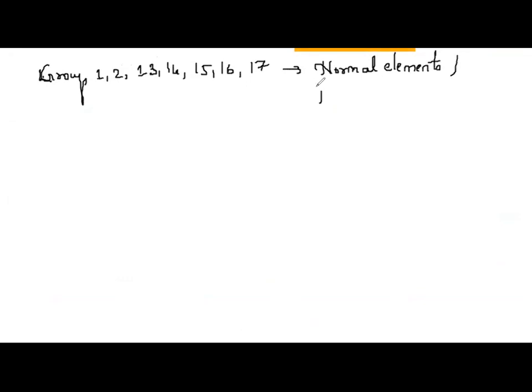So elements of group 1, 2, 13, 14, 15, 16, 17 are called normal elements, or they are also called representative elements.